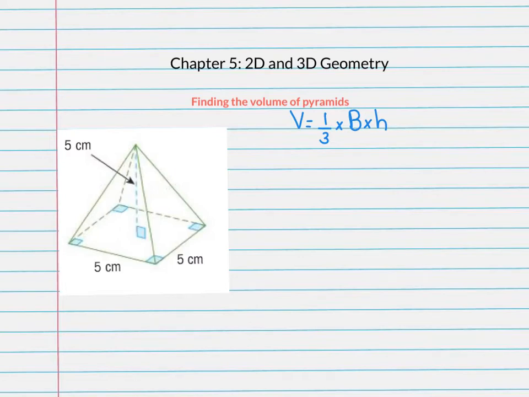Step number 1 is naming the figure that we have. This is a square-based pyramid. Step number 2, we have to find the shape of the base. From the name, square-based pyramid, it's a square. Step number 3 is finding the area of this square.